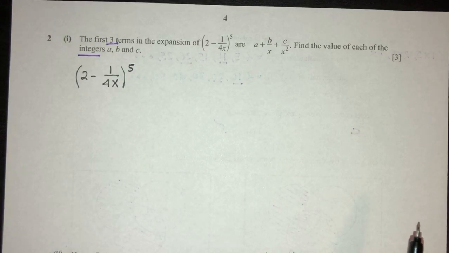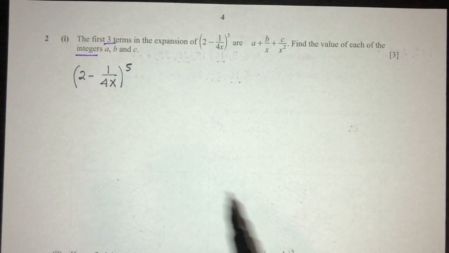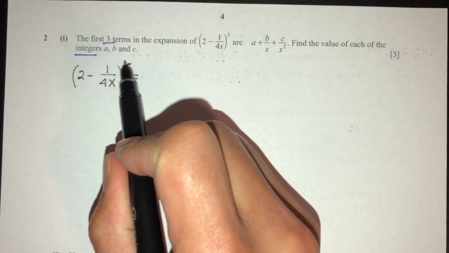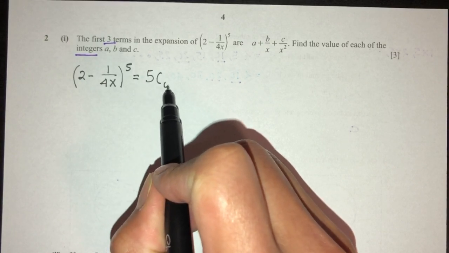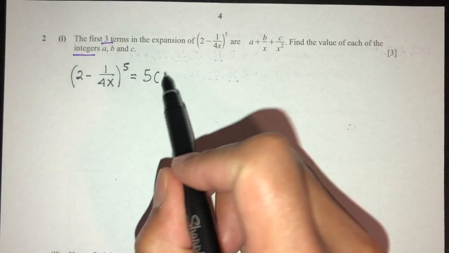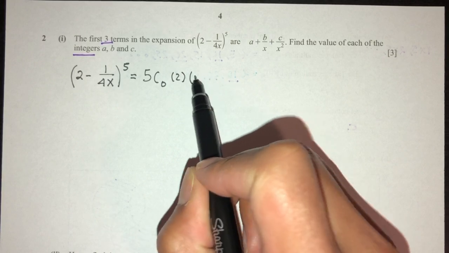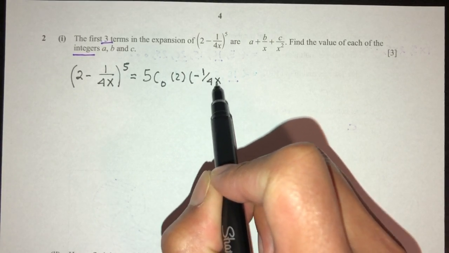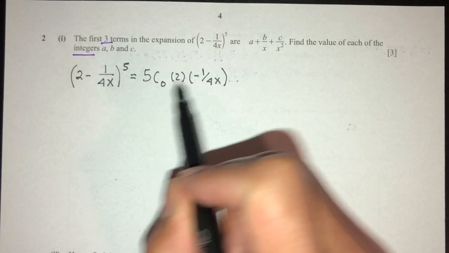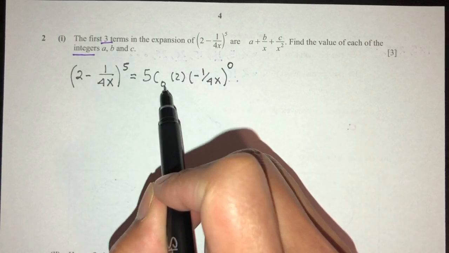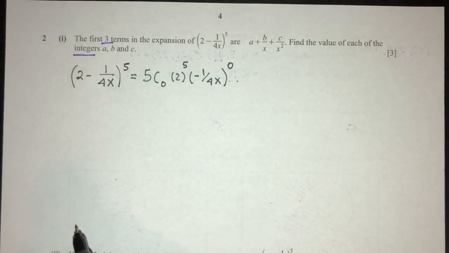This one is a binomial expansion. The first term is 5 choose 0. Here you're going to have 2, and here you have 1 over 4x. Here we have 0, so that has to be 0, and 5 minus 0 is 5. That is your first term.